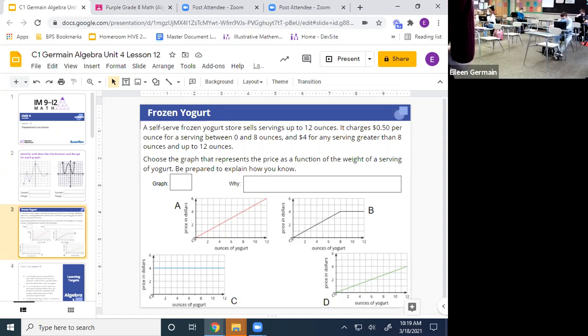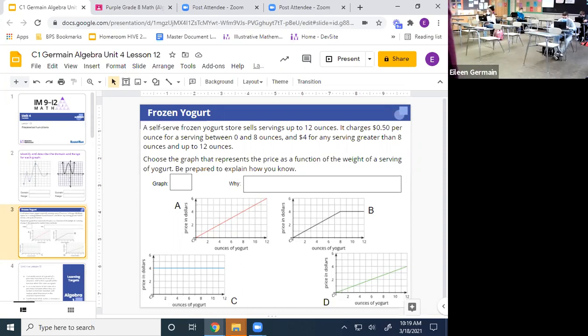It charges 50 cents per ounce for the first serving between 0 and 8 ounces, and $4 for every serving greater than 8 ounces and up to 12 ounces. Okay, from 0 to 8, it costs 50 cents per ounce. Then from greater than 8, it's going to be $4 for everything between 8 and 12.